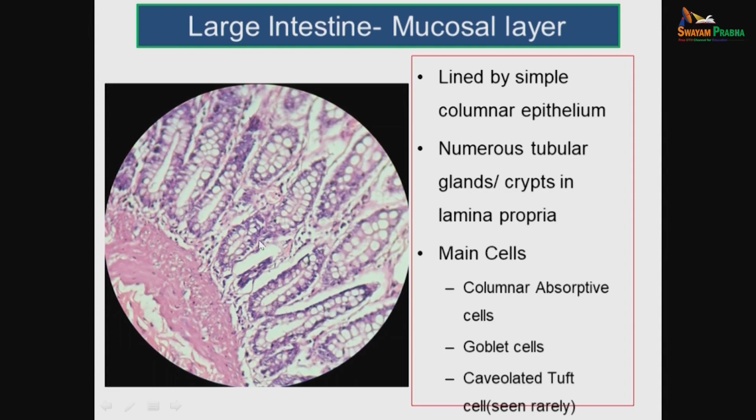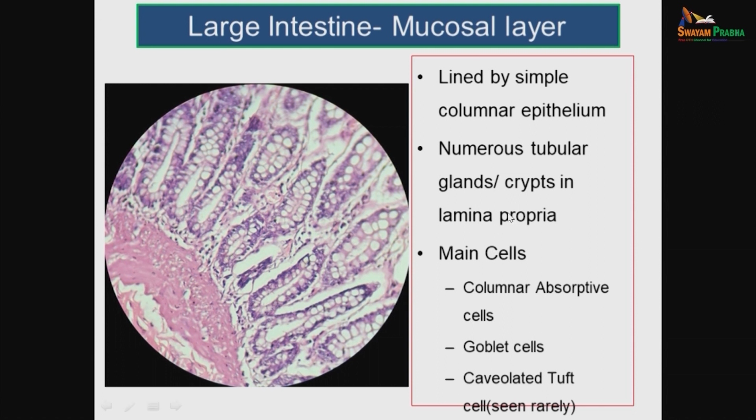And the second type of cells that are present are the goblet cells. In this picture, you see the white pale cells, empty cells, those are the goblet cells without anything inside. That's because the goblet cells in living persons are filled with mucin.